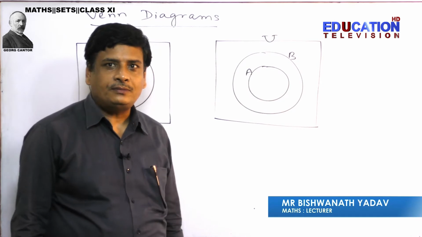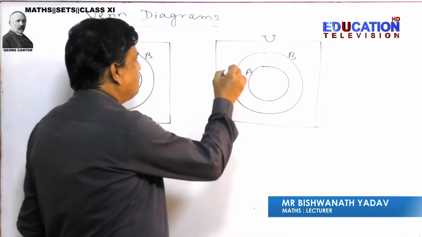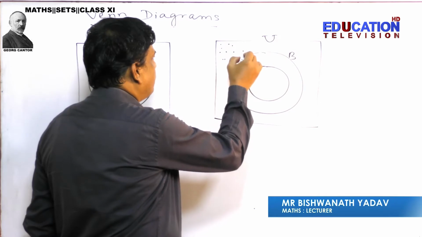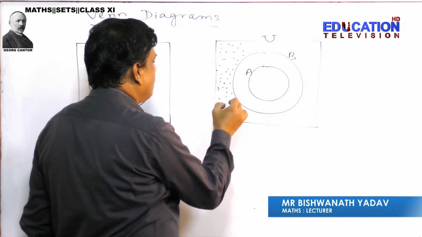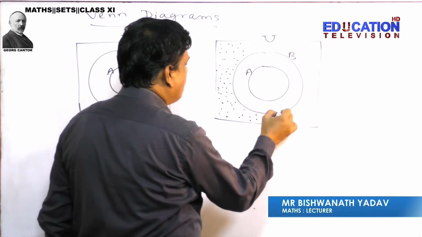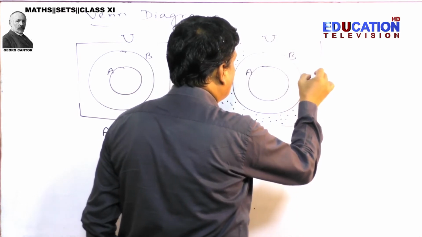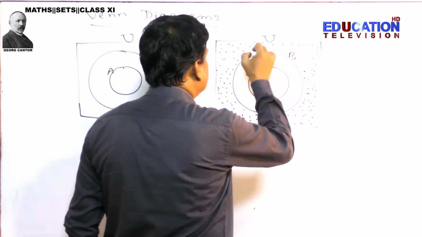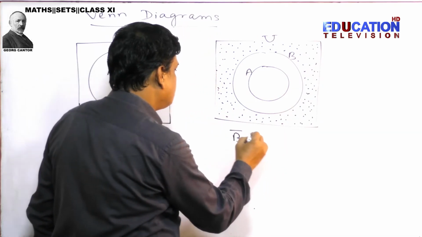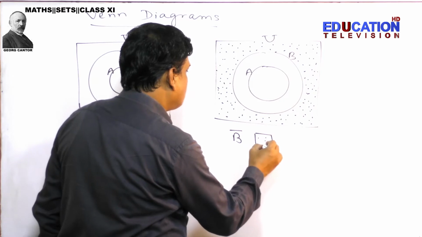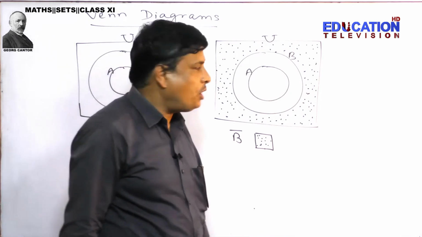B complement is the set formed by those elements of the universal set which are not in B. This is B complement, and then represent the part of A complement.